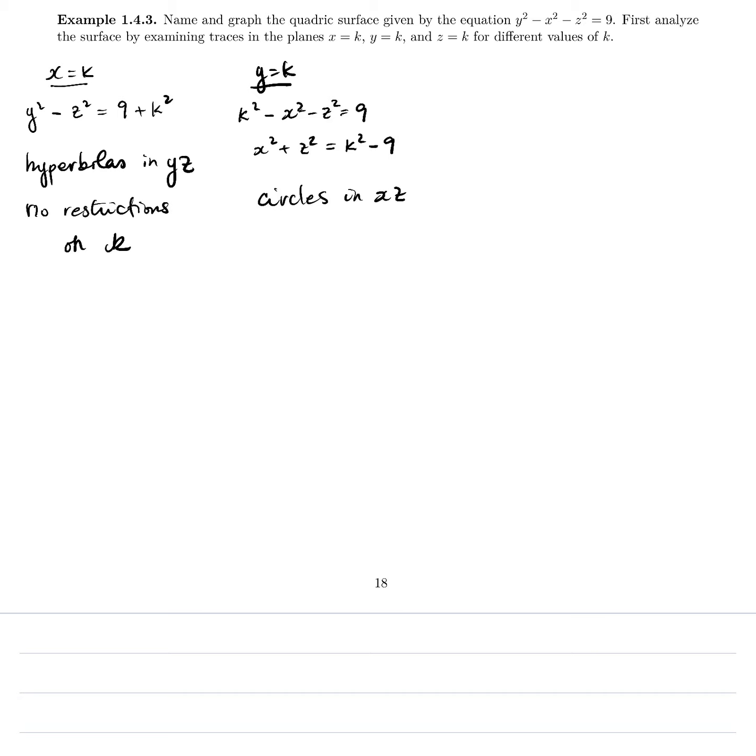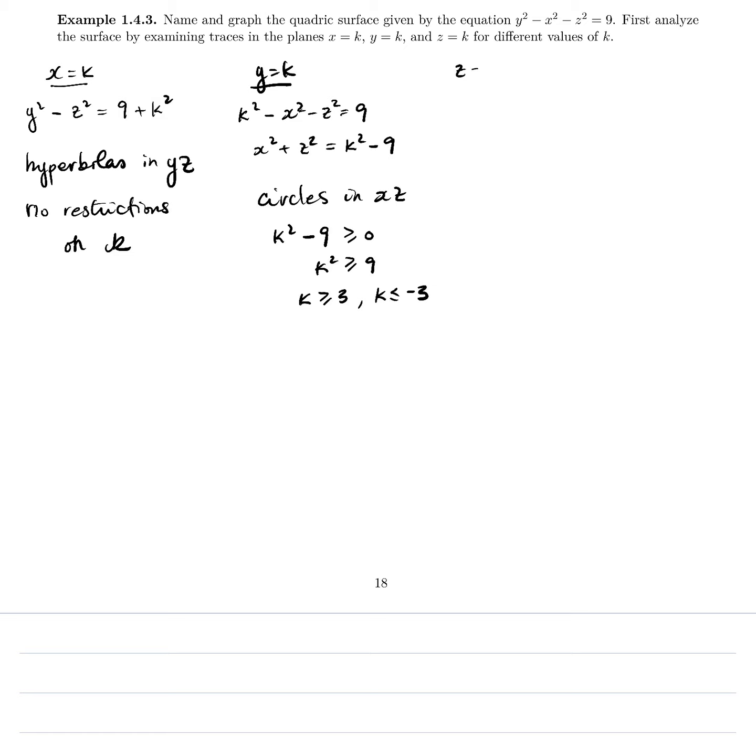Now, we do have restrictions. This left-hand side has to be non-negative, and so the right-hand side does as well. So k squared minus 9 has to be greater than or equal to 0, which means that k squared has to be greater than or equal to 9. So k has to be greater than or equal to 3, or k has to be less than or equal to minus 3.